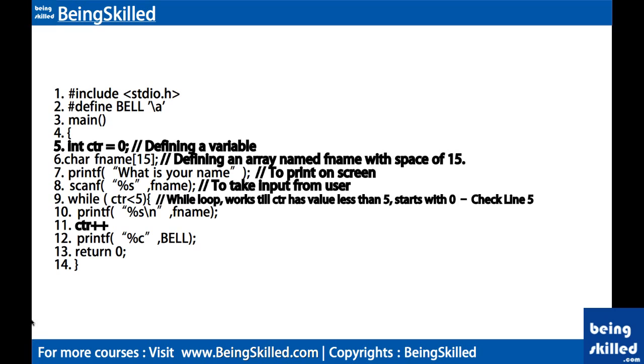There is a slight mistake in line number 12. There must be a curly bracket which will close the while loop, and the while loop will repeat till the value is less than 5, so up to 4.